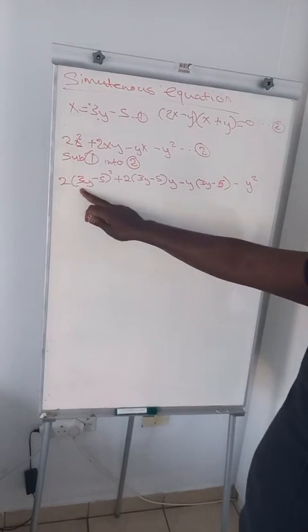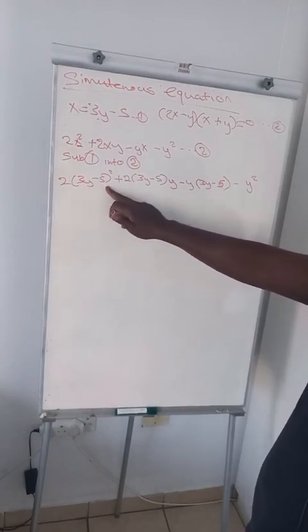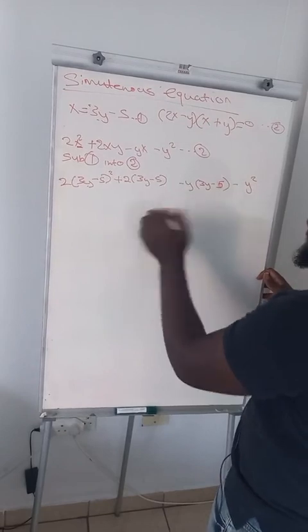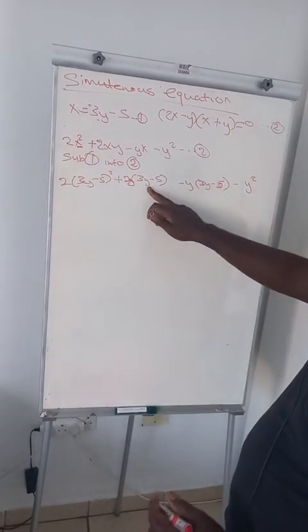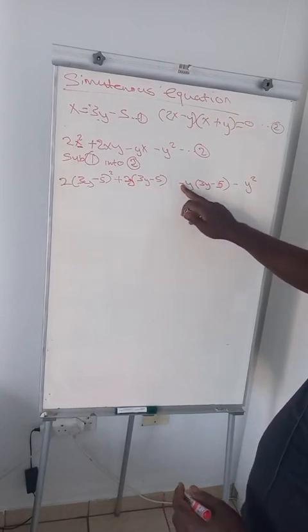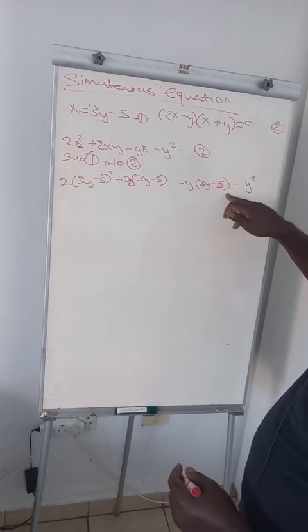So let me check before. Where there is x squared, yeah, 3y minus 5, that's fine. And then 2, you've got 2, and then 3y. Let me write this y here so that I don't forget it. 2y into x, which is 3y minus 5, minus, where there is x, I place 3y minus 5.